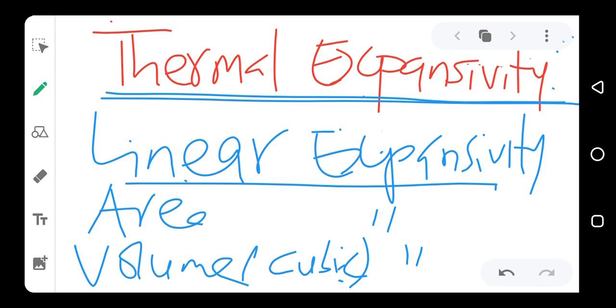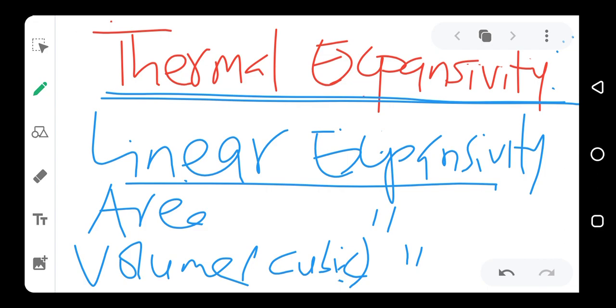That is, when you increase the temperature of an object and it brings about increase in the area of the object, we call it area expansivity. While volume or cubic expansivity is talking about change in volume or increase in volume due to increase in temperature of the objects.